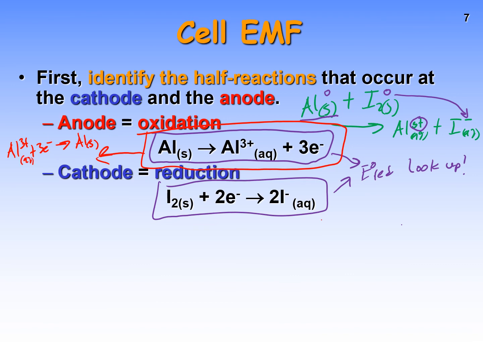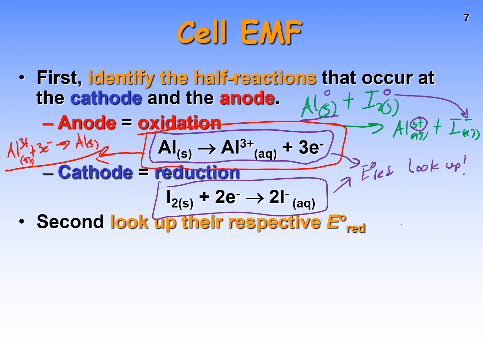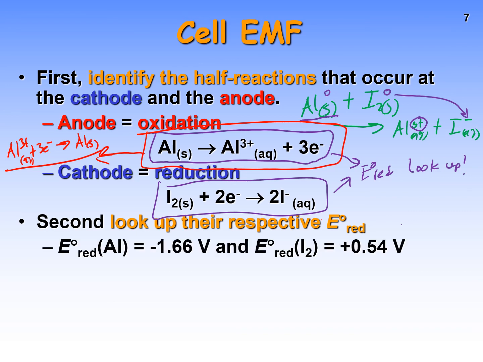I'm going to find this reaction in the reduction potential table, and I'm just going to use its value even though we have its opposite occurring. We're not going to flip the sign. We're going to keep it exactly the same as whatever I find. So if we go look up their respective reduction potentials, we get these two values.